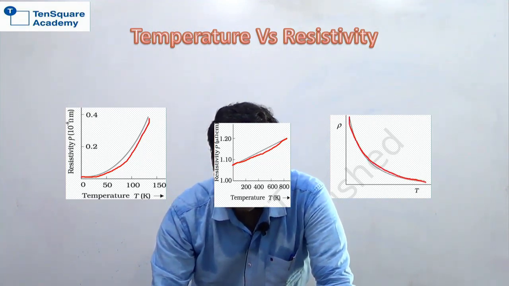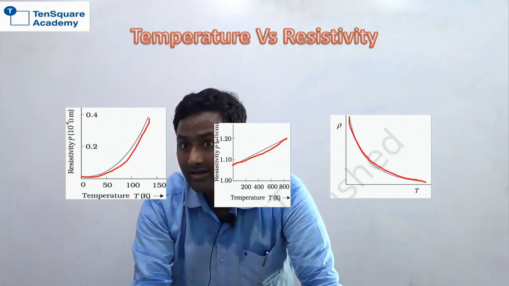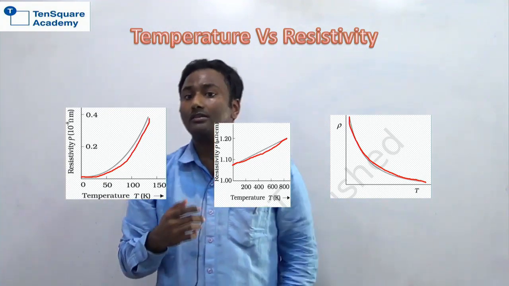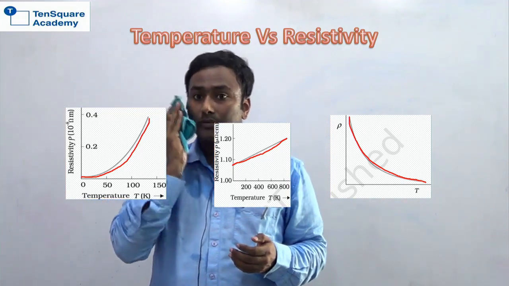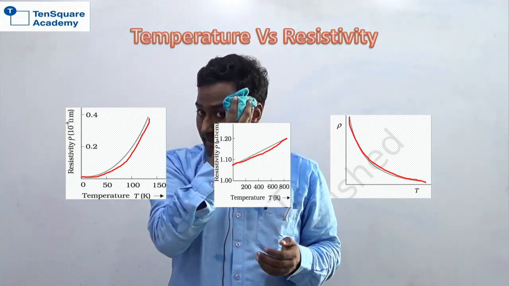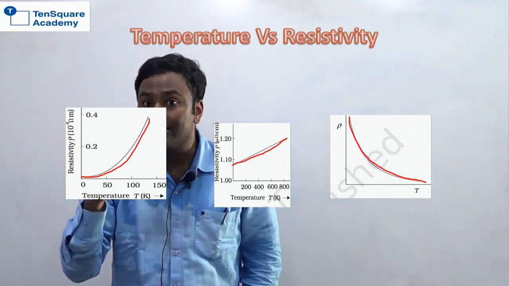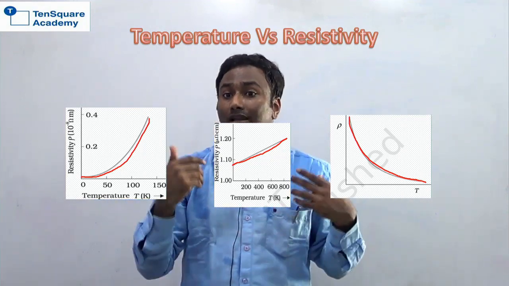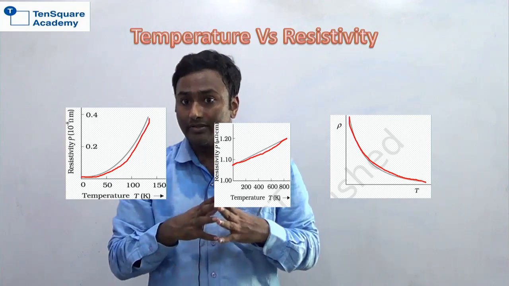So, what does that mean? When the temperature is increased, the resistivity will decrease, and it will start conducting. So, in the first two cases, the current will reduce if there is an increase in temperature. However, in the third case, if the temperature is increased, the resistivity will reduce, as a result the current will increase. So, the semiconductor will start conducting when the temperature is increased.